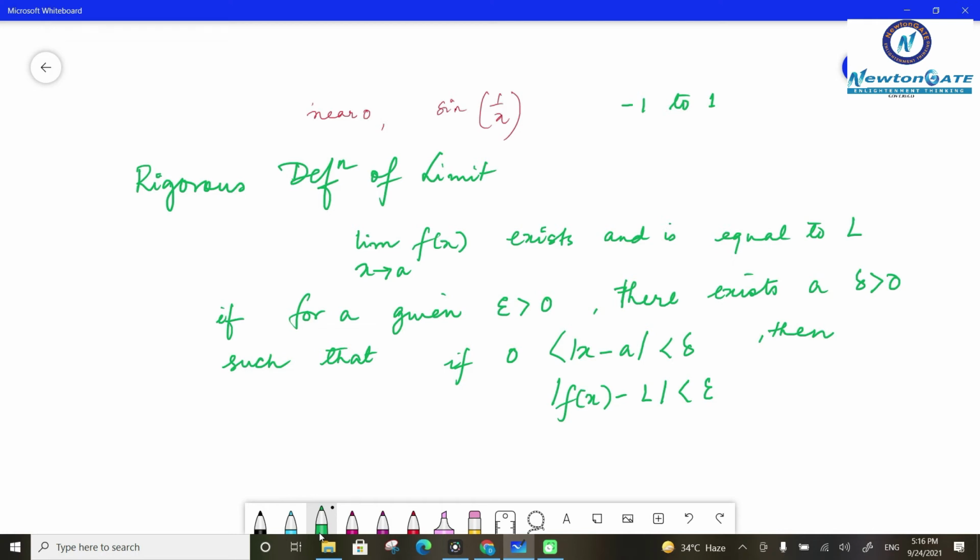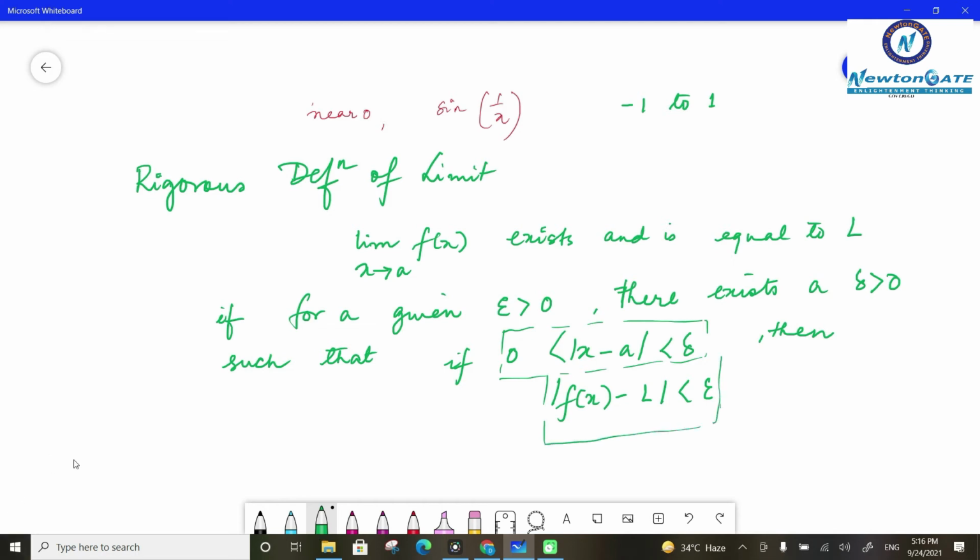Now yes, I know that there are a lot of terms here, but don't worry, I am explaining it and making it easy with the graph. There are two important things that you need to know: mod x minus a is less than delta but greater than 0, and mod f(x) minus L is less than epsilon.